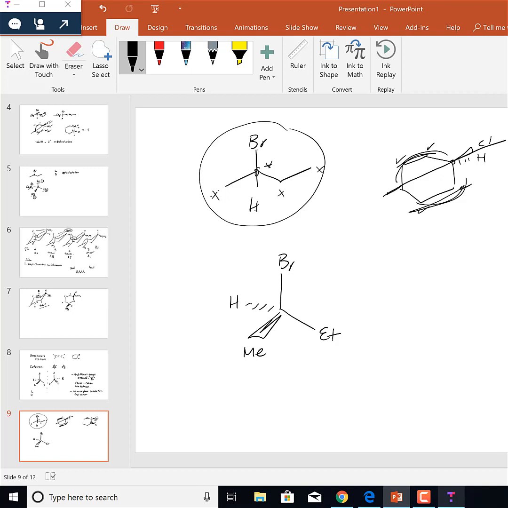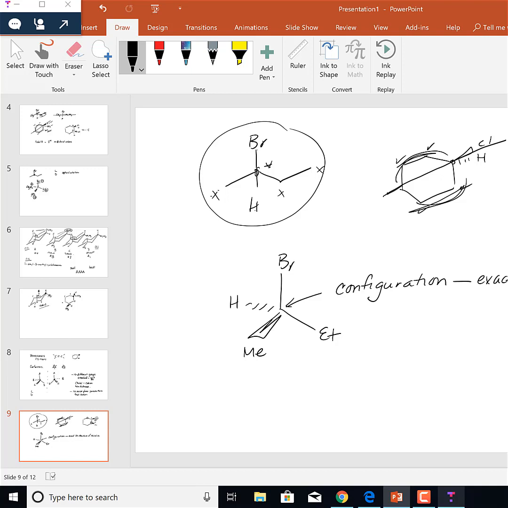What's this exact 3-dimensional structure? Now, the exact 3-dimensional structure of that carbon is called its configuration. This is the exact 3-dimensional structure of a chiral carbon.